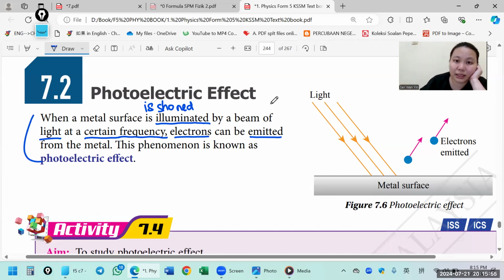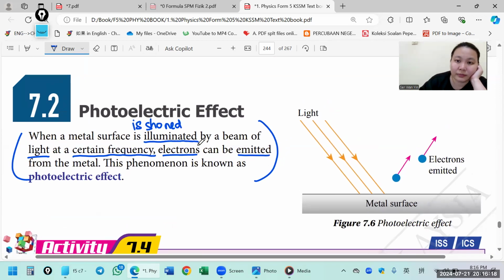This is textbook, you can copy it down. If you change the sequence and say light shines on the metal, or the metal is shone by light, also can, no problem. Light on metal surface, electron will be emitted out.